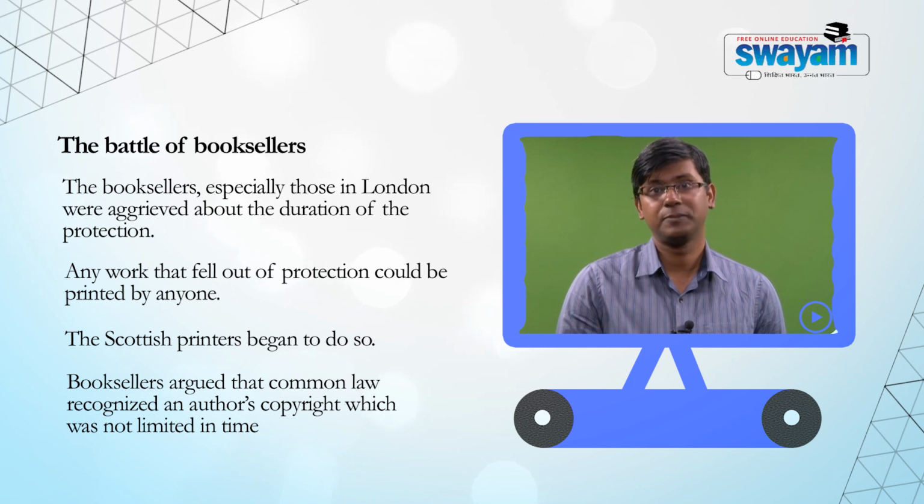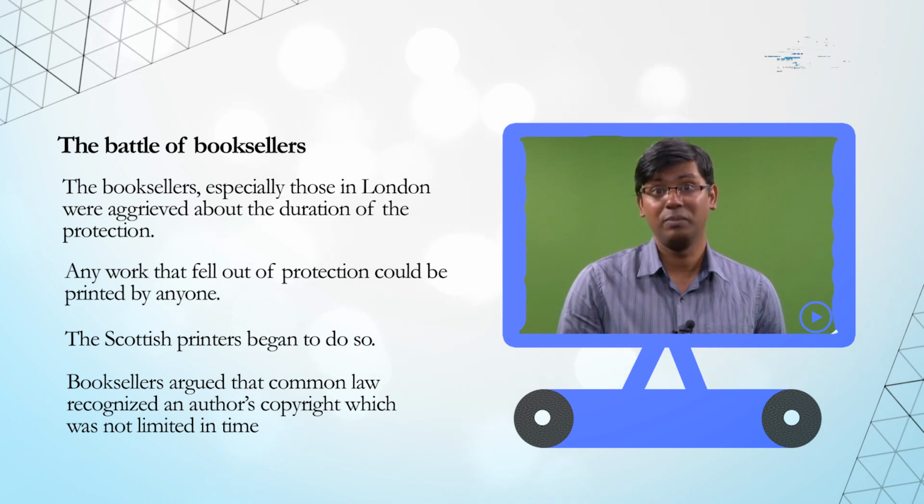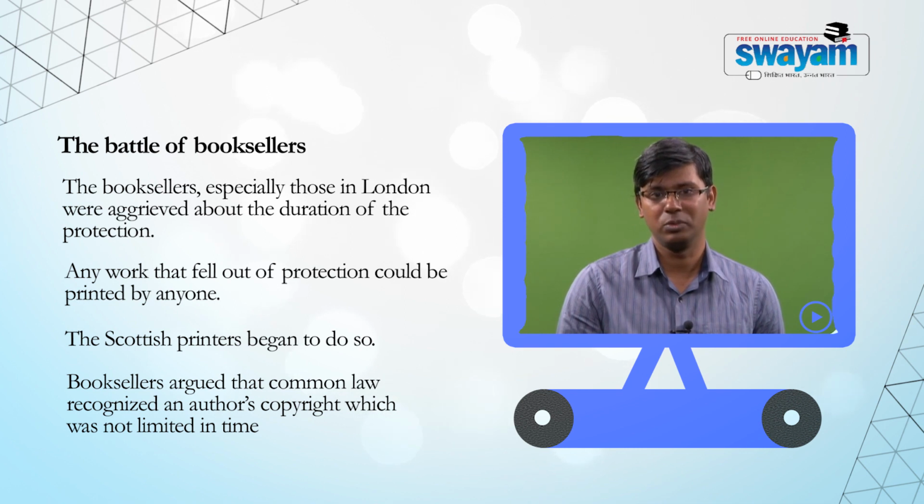Booksellers argued that common law recognized a perpetual copyright in the author, and there was no time limit at all. And the Statute of Anne, by prescribing a time period for the protection of the author's work, was completely against the common law principle.